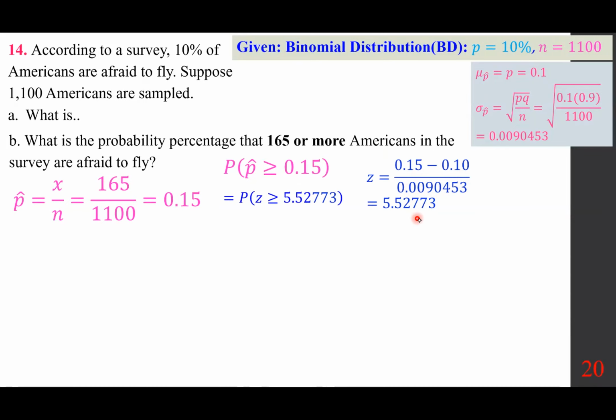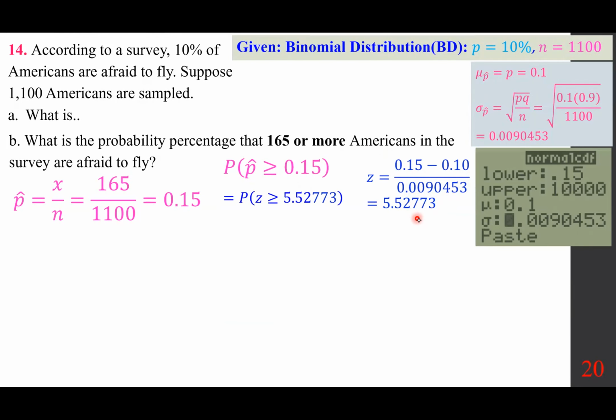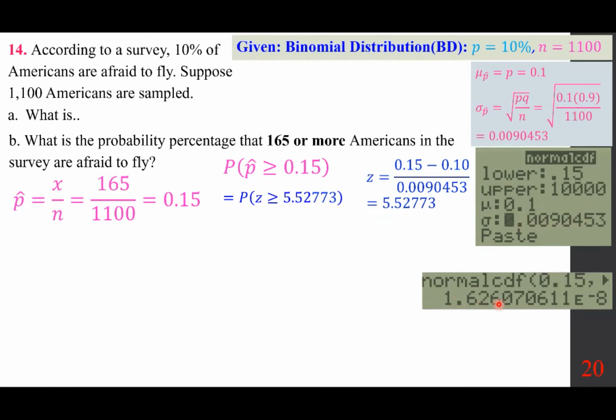And now using the table or technology, 0.15, the upper again is some huge number. Mu is 0.1. Sigma, and you come up with the answer. Notice what this means. This means 1.626 times 10 to the power of negative 8.